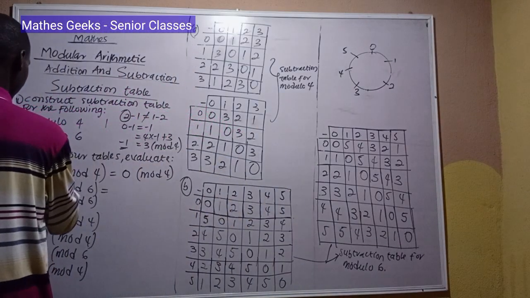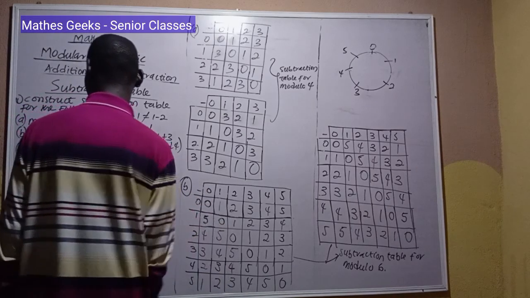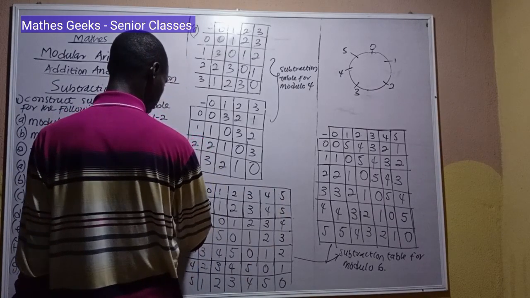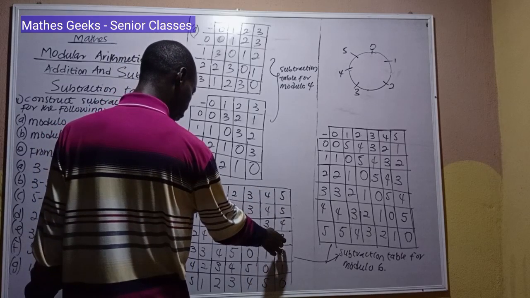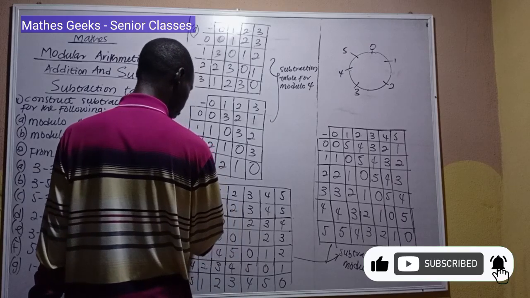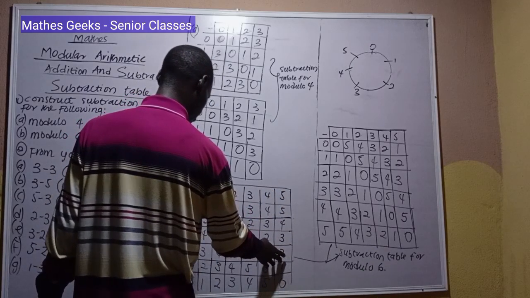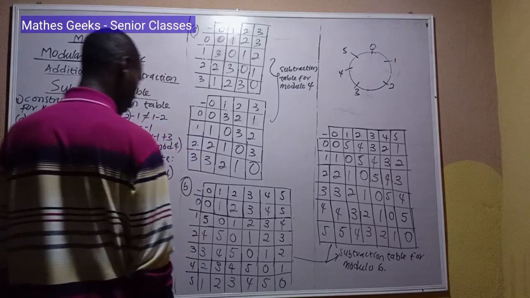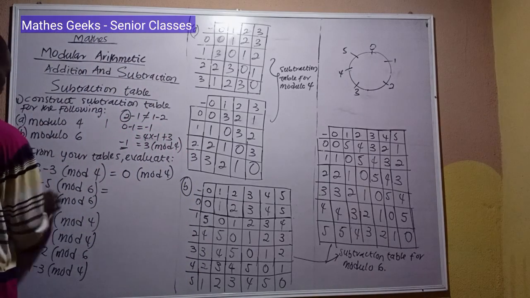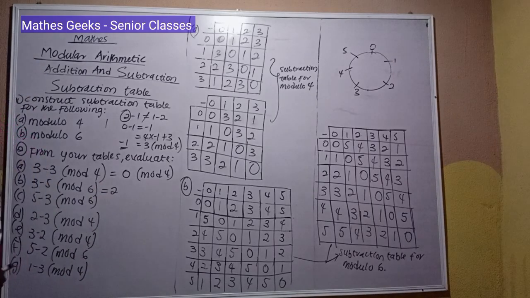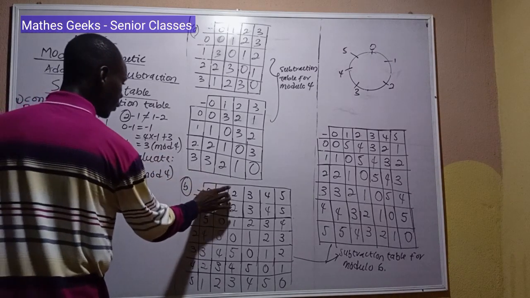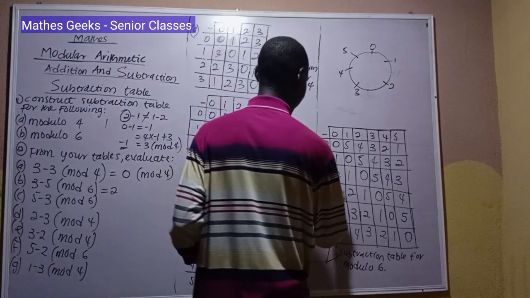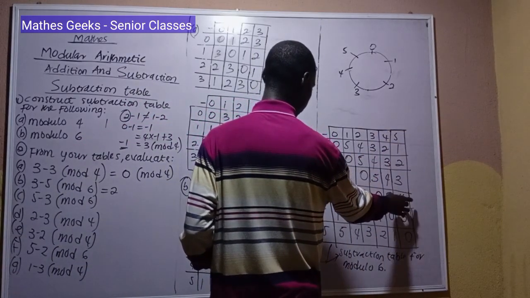Using the row against the column, 3 minus 5 gives 2 in mod 6. But with the other variant, 3 minus 5 will be 4.